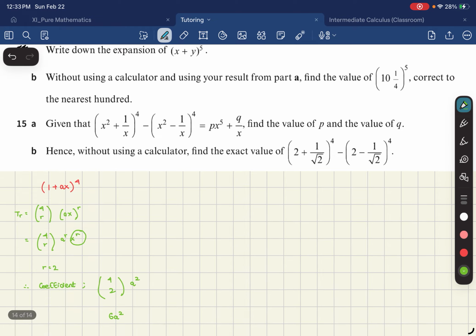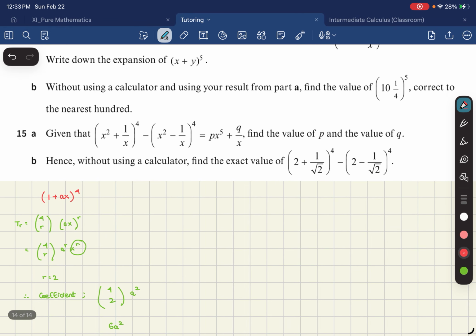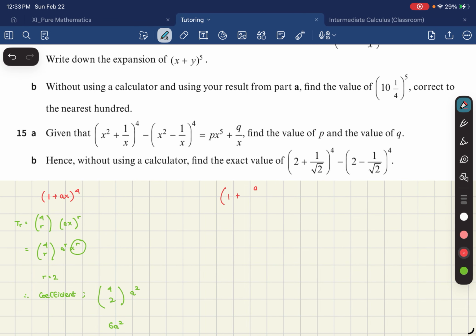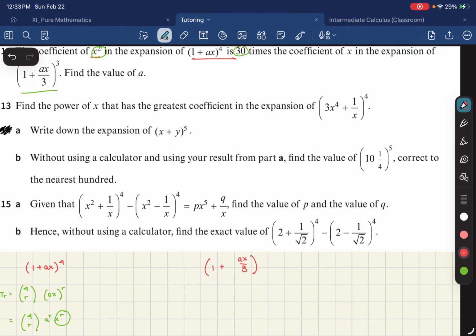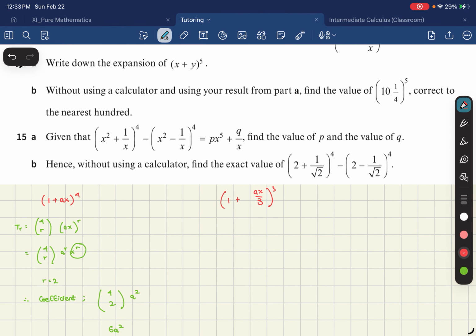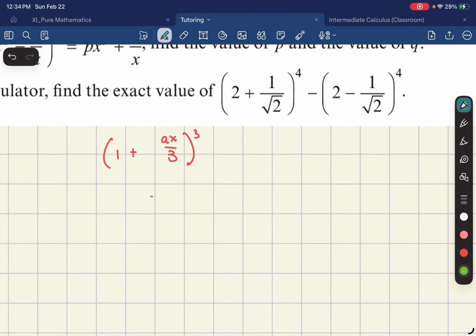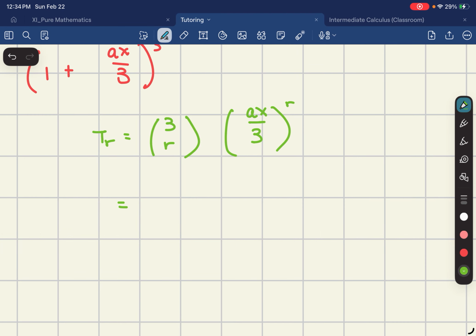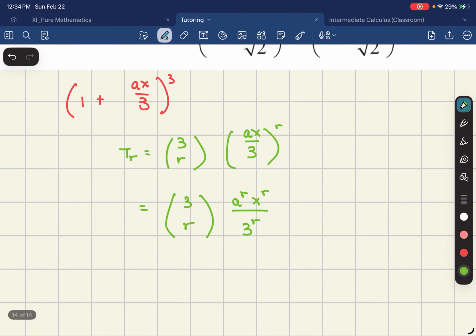So we are given another expansion, and that is the expansion of 1 plus ax over 3 to the power 3. So we can find the general term again. It is given by 3 choose r, since n is 3 here. 1 to the power 3 minus r, that is just 1, so we don't really care. And we have ax over 3 to the power r. So we have 3 choose r, a to the power r, x to the power r divided by 3 to the power r.